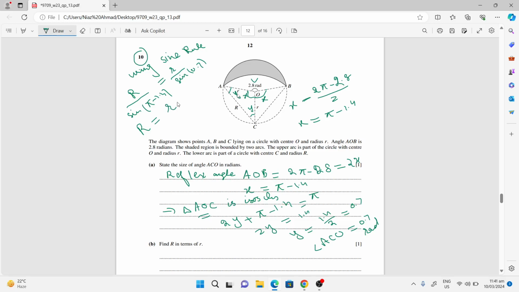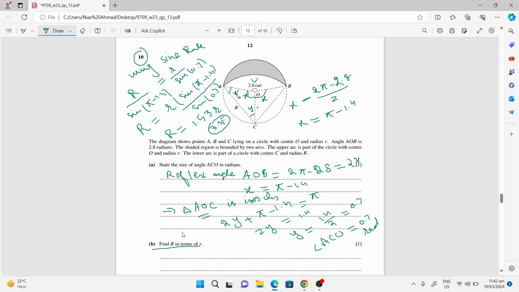That would be r times sine of pi minus 1.4 divided by sine 0.7. You can grab your calculator and give me the answer. Your answer must be 1.53 in terms of small r. You will get greater decimal points, so you can stop your answer at 3 significant figures.